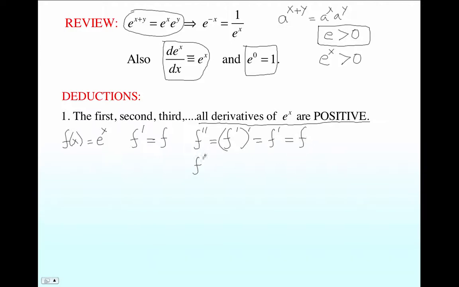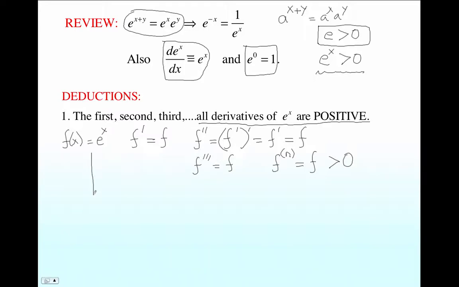What about f triple prime? Well, that's equal to f also, and so on for all the derivatives of f. So the nth derivative is equal to the exponential itself, and the exponential is positive, as was said earlier. Now that's a very important conclusion, because it's saying that the graph of the function is always sloping upwards.